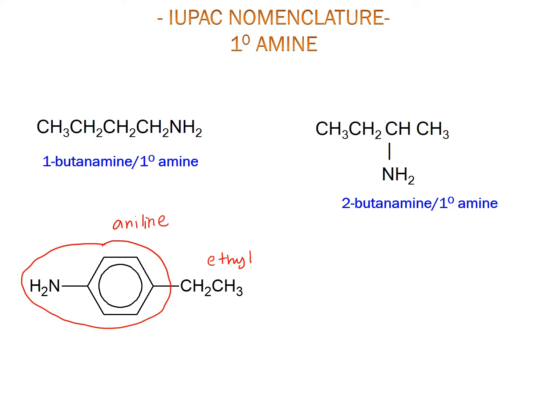Since aniline is the parent chain, the carbon in the benzene ring directly bonded to the amino group is carbon number 1. And then the position of ethyl is at carbon number 4. So this one is 4-ethylaniline. This amine is still a primary amine because only one alkyl group is bonded to the amine.